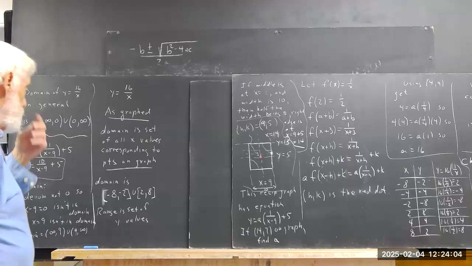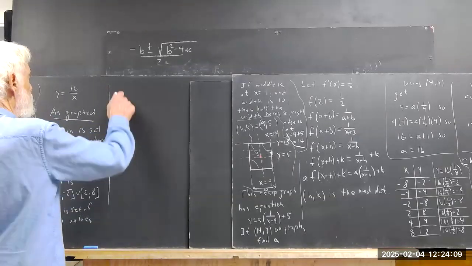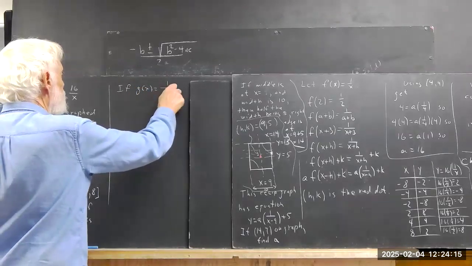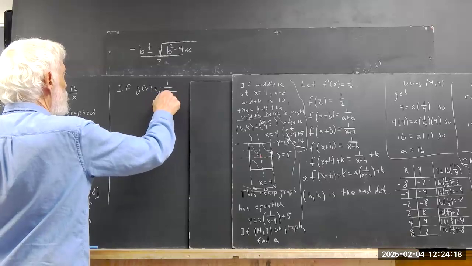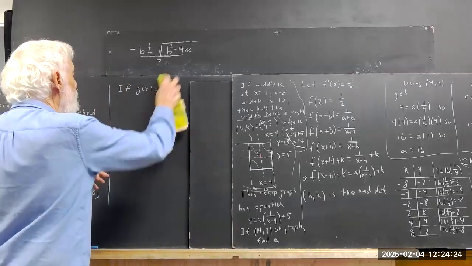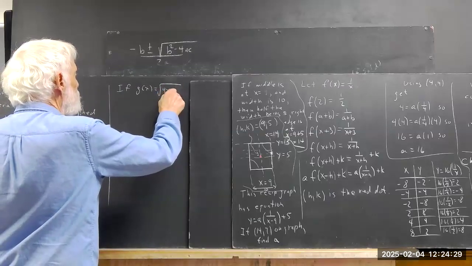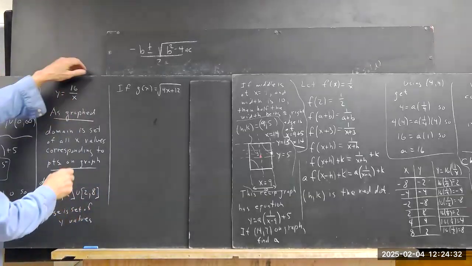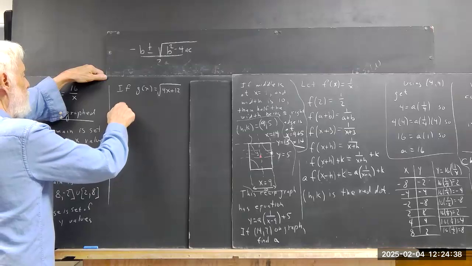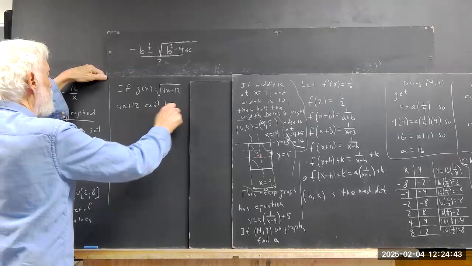If I had g of x equals, let's just say 1 over the square root of 4x plus 12, then 4x plus 12 can't be negative.